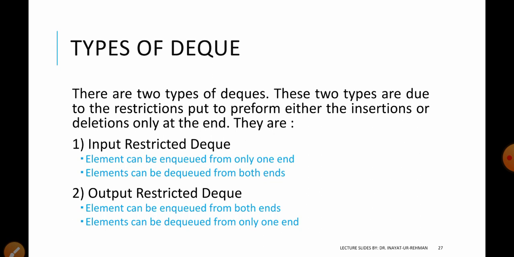There are two types of DQ or double-ended queue: input restricted or output restricted double-ended queues. In an input restricted double-ended queue, we have a restriction on input operations and output operations remain the same.